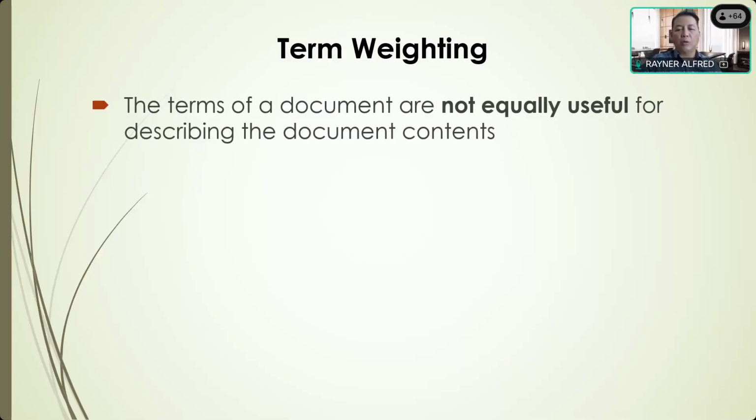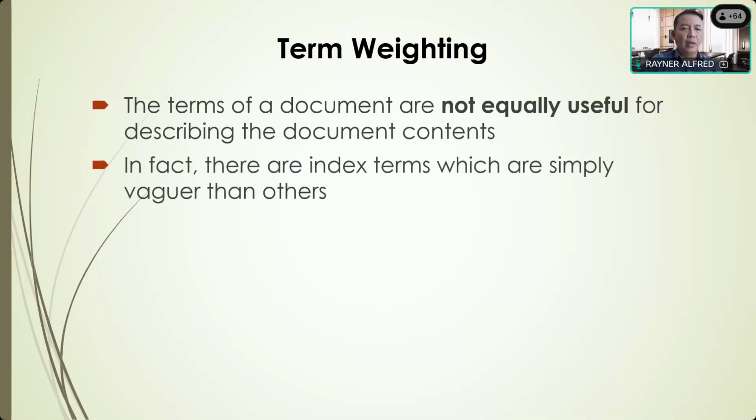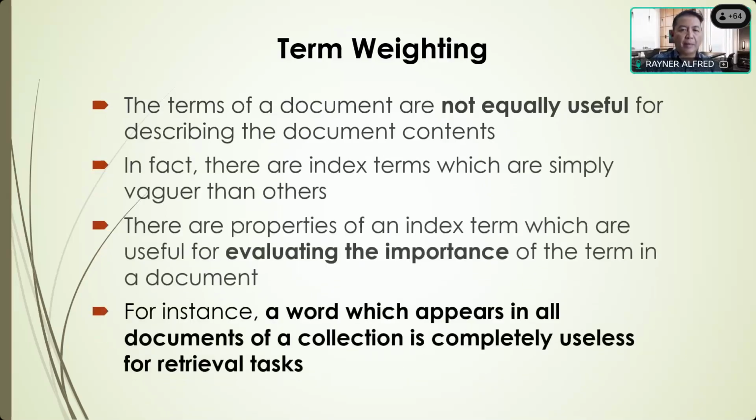So we will look into the frequency of the term in order to evaluate how important is the keyword with respect to the document. But if that word exists in all of the documents, that means the word is not important, because we cannot use a word that exists in all of the documents to differentiate the documents.